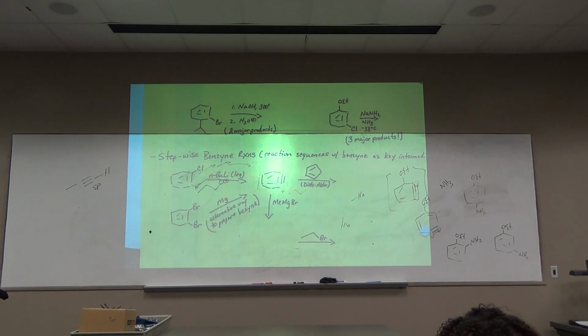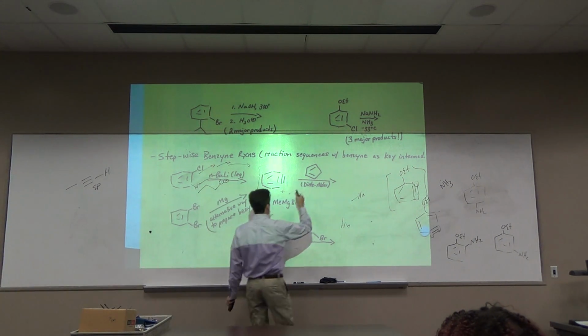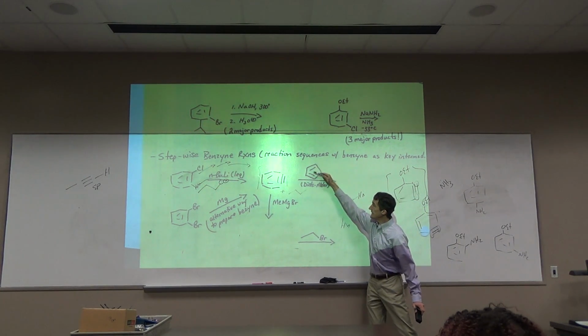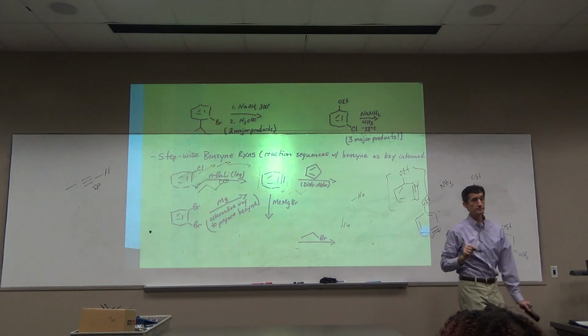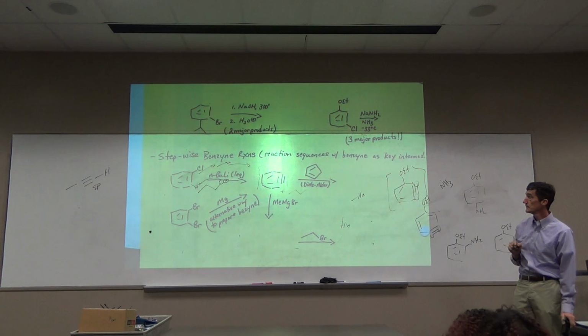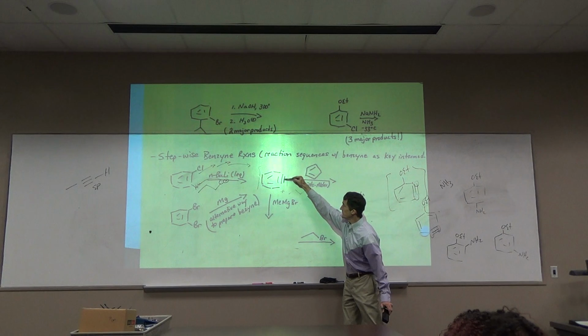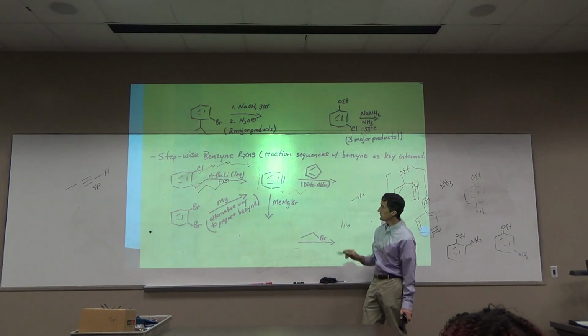It has no lone pair, and so there's nothing to react with your benzyne. So here we can come in with other things. For example, you throw in something like this and do a Diels-Alder with a diene, and have the triple bond here be your dienophile, and you should be able to show a Diels-Alder product.